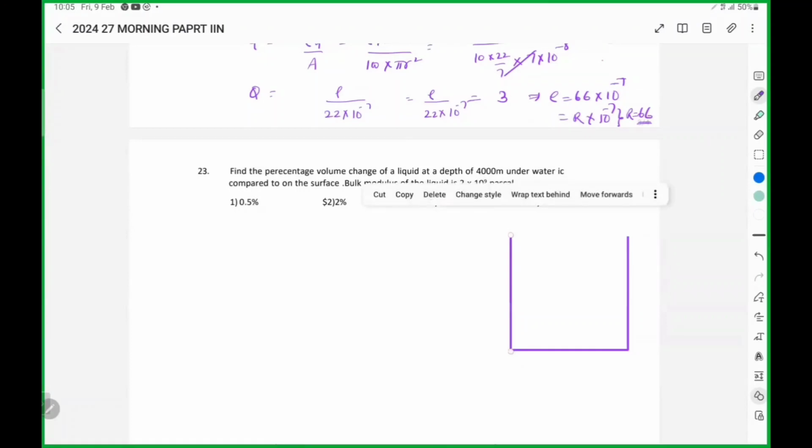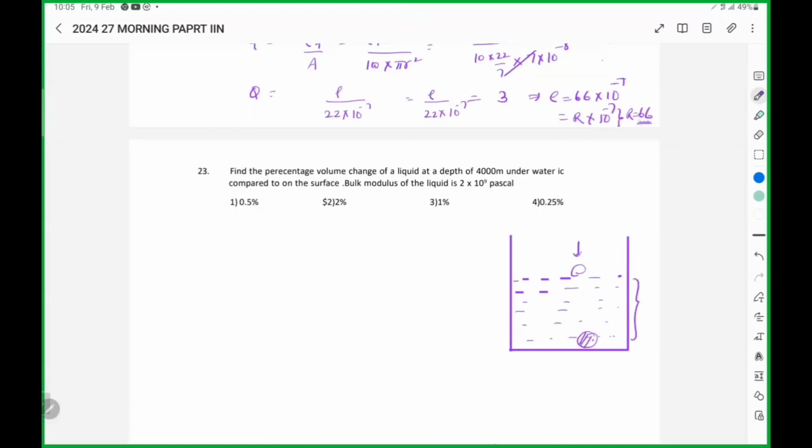When the body is submerged in a liquid, it is under pressure. Here pressure means only due to atmospheric pressure. So when it is at a depth D, pressure will be there due to water. So due to pressure, there is a decrease in the volume.